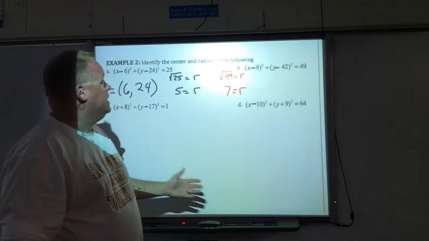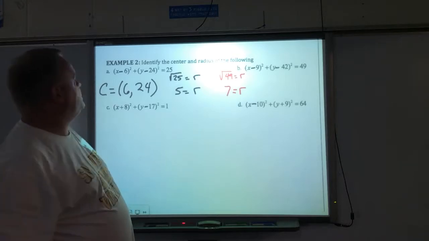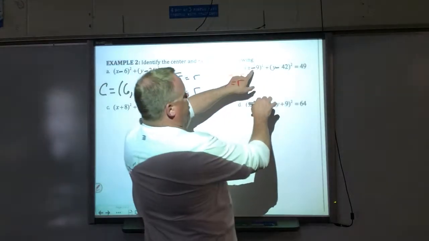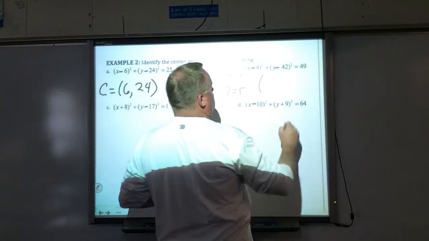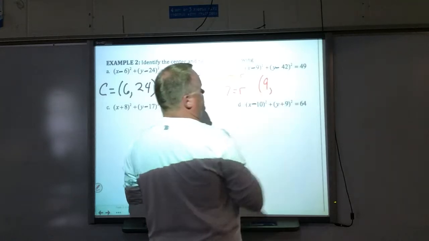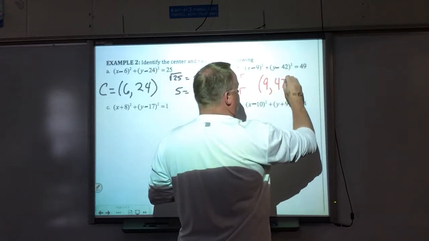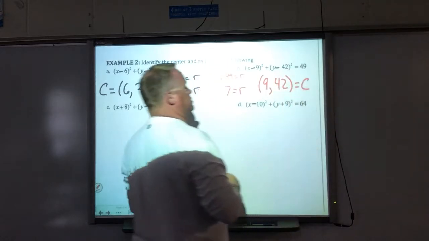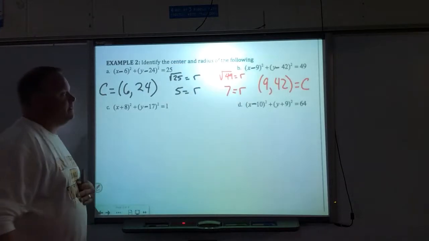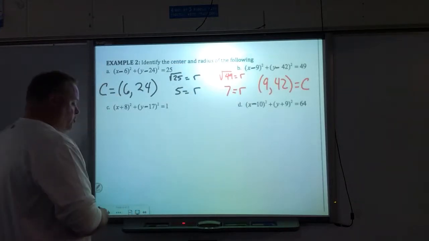Nice, easy. And then find my center. Well, this value is a negative, so I know that that 9 has to be positive inside. Minus 42, so it becomes positive. That is equal to my center. All right. Looking at the third one.